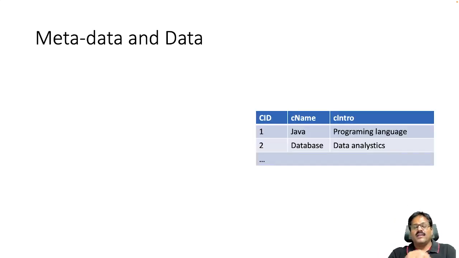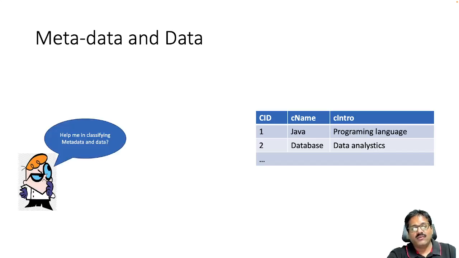Let us look at this example. I am giving you a table. In this table, you have to find what is the metadata and what is the data. I give you 30 seconds to think and come up with the answer.